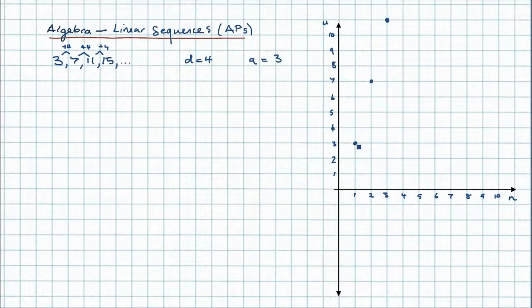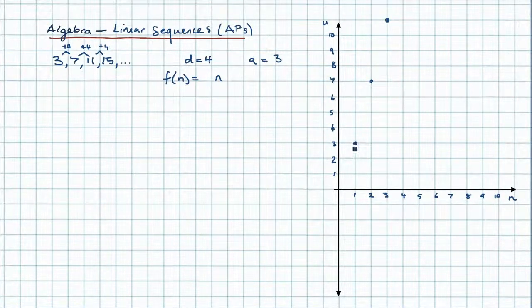produces these dots? Well, we ought to be able to, because we know that the first term of a function, and we'll call this f of n, the function of n, the coefficient of n, as we've seen in previous videos, is the gradient of the line.